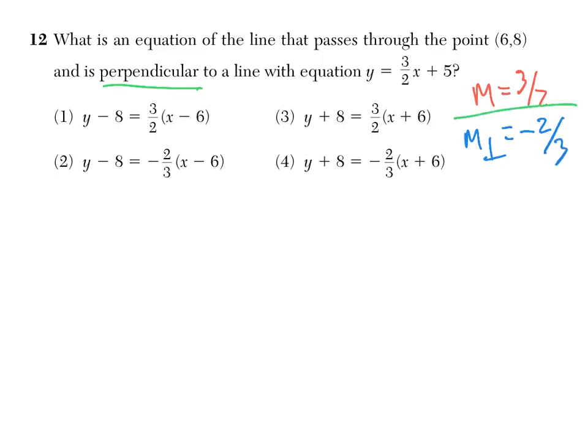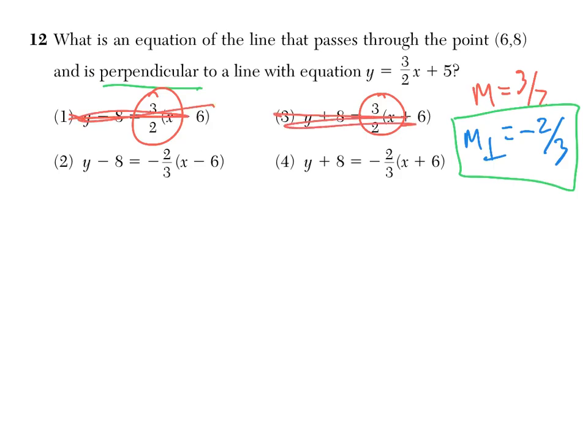Great. So this is going to be the new slope, and we can actually eliminate option 1 and 3 because I see that they both have the original slope, 3/2, and we don't want that. So it's going to be either option 2 or 4. And we also recall that point slope form is written like y minus y1 equals m times x minus x1, right?